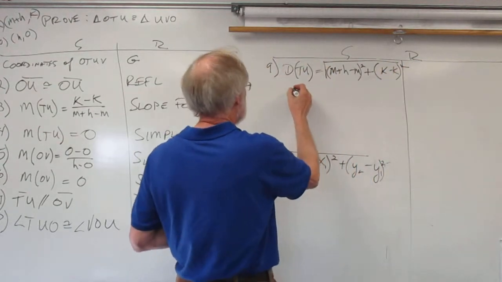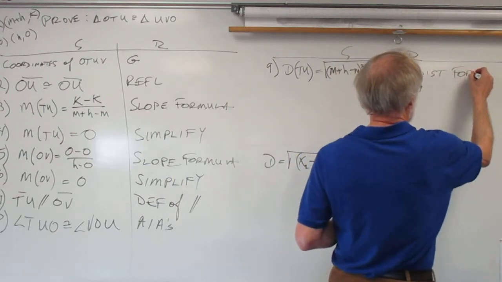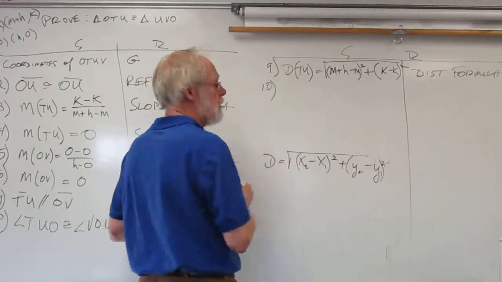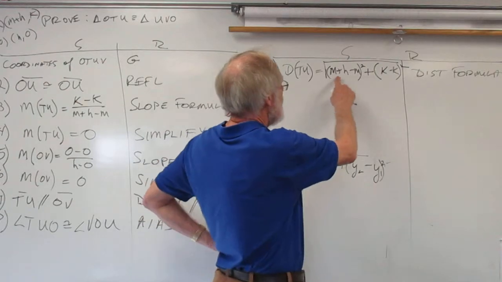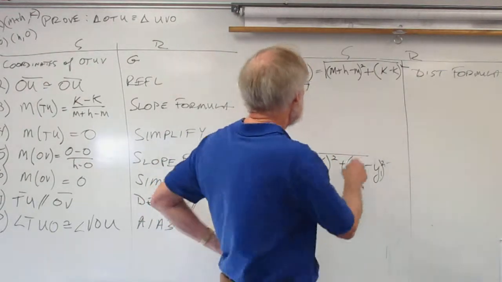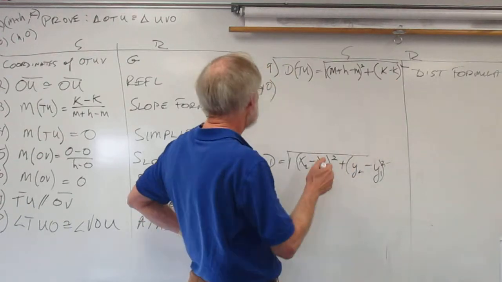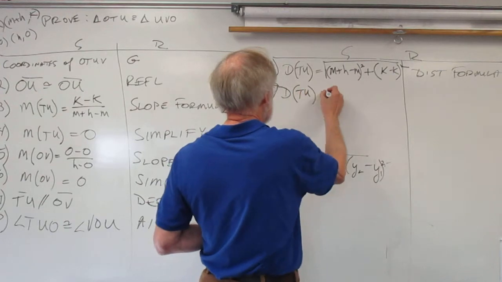All right. This is the distance formula. All right, number 10, we're going to simplify that. And what we end up with is m plus h minus m is just h squared plus 0. Take the square root of h squared, and I get h. So the distance of TU equals h.